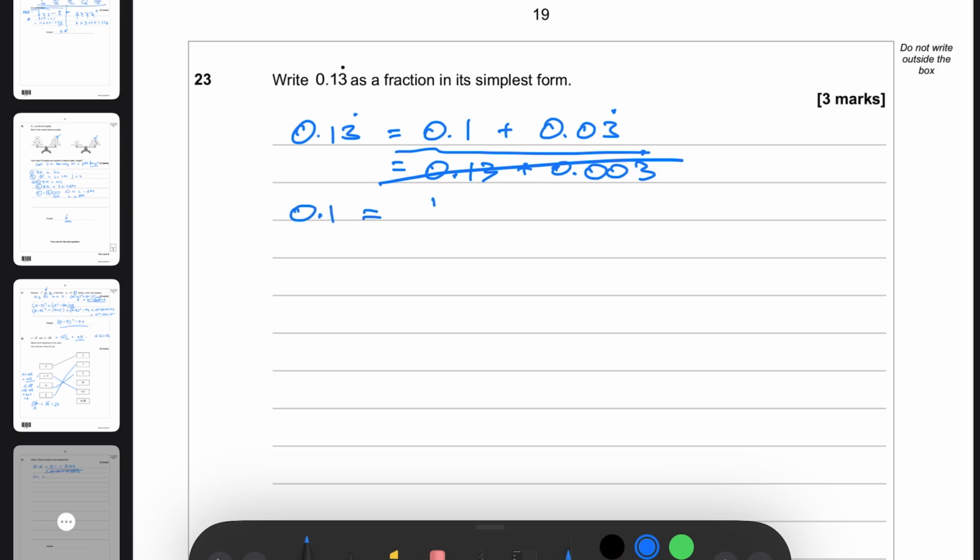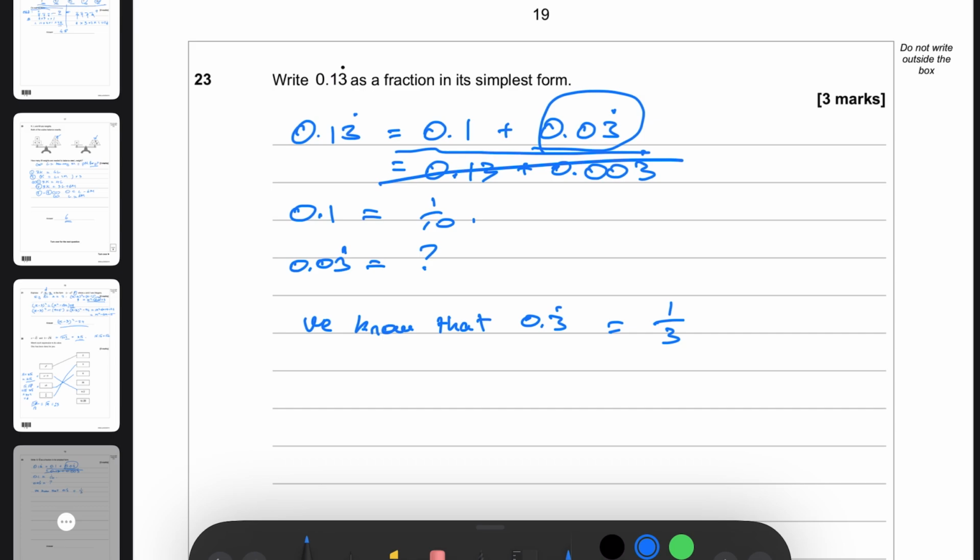So we know that 0.1 is equal to 1/10. And now the challenge is to find what 0.03 recurring is in terms of a fraction. Right, so 0.03 recurring. We know that, let me actually write it properly, 0.3 recurring is actually a third, of course, we know that before.